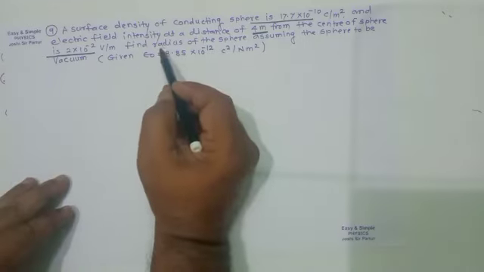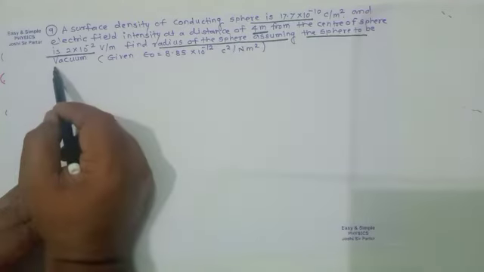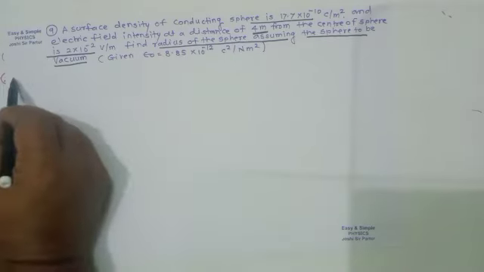Find the radius of the sphere, assuming the sphere to be in vacuum, a charged sphere. Here the given value is epsilon 0, that is permittivity.